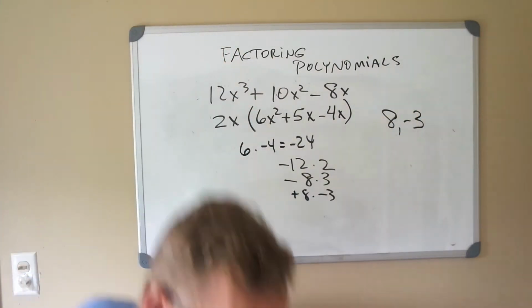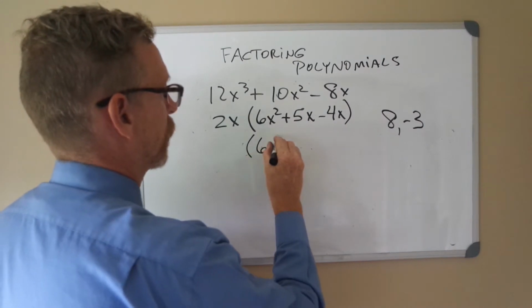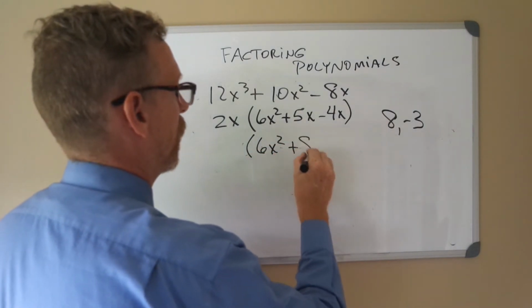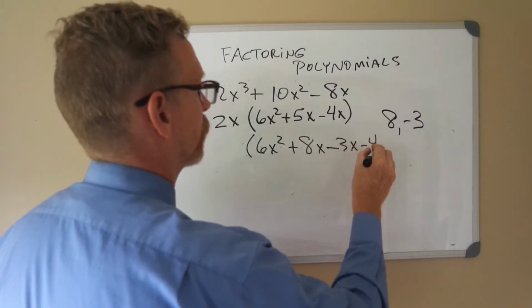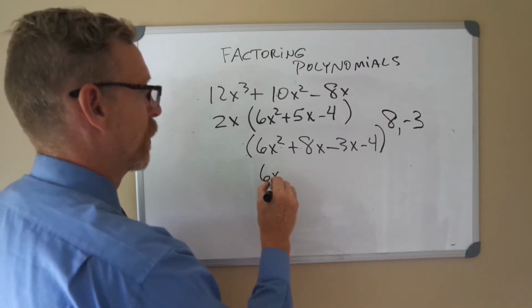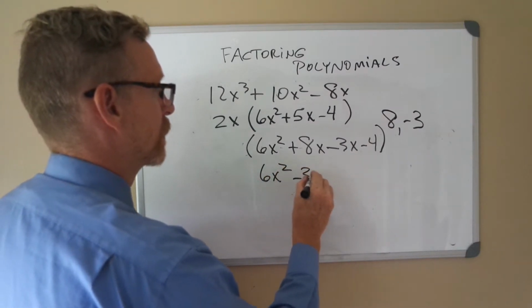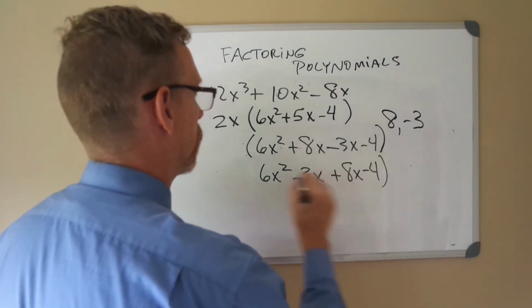Once you've determined the two factors, you're going to rewrite this as 6x squared plus 8x minus 3x minus 4. Let's regroup these, and we get 6x squared minus 3x plus 8x minus 4.